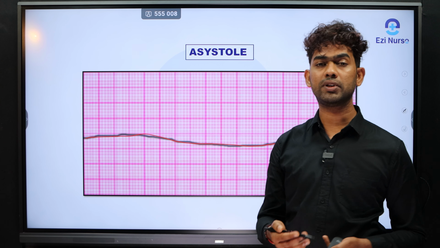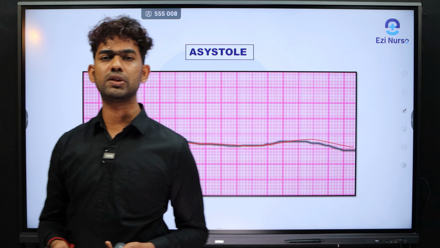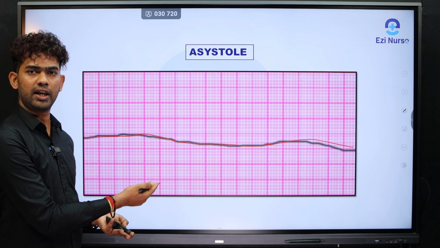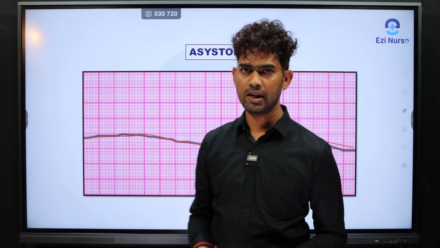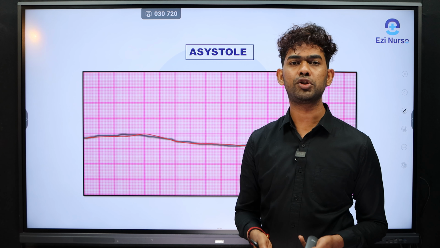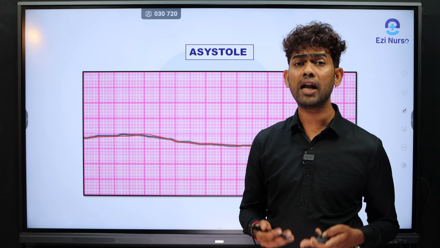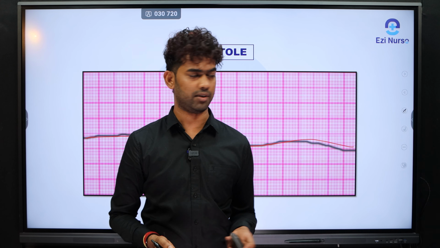We discussed atrial flutter and atrial fibrillation; in these situations we use cardioversion. See this one, asystole, is a non-shockable rhythm because there is no pulse. So we shouldn't give the shock here. We should start CPR here, that is chest compression. And the most dangerous dysarrhythmia is ventricular fibrillation.